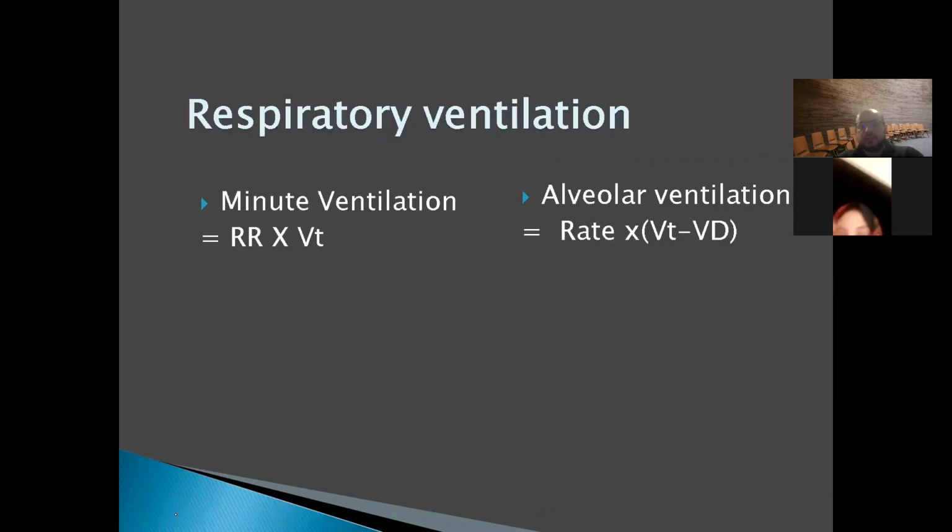Okay, we discussed respiratory ventilation. We have two different terminologies: minute ventilation versus alveolar ventilation. If you have a baby intubated or non-intubated, usually we call it minute ventilation, which is the amount of air in and out per minute.